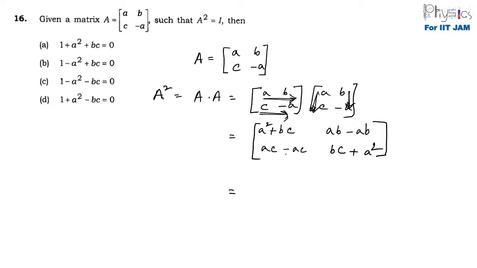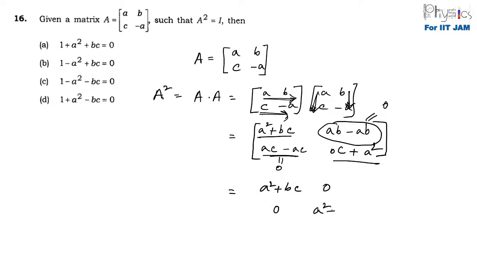Now see, this term becomes 0 and this term again becomes 0, right? And we can take these two out because it is A square plus BC, 0, 0, A square plus BC.